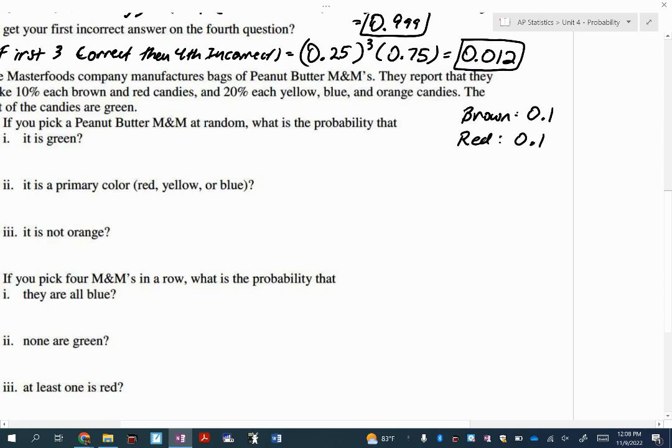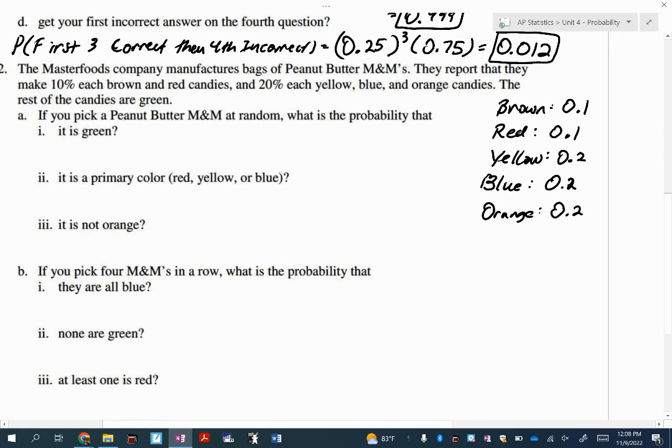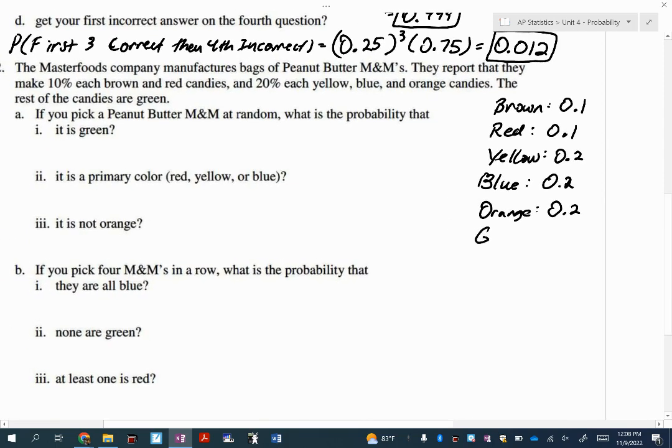Then it says yellow is 20%, so 0.2. Blue and orange as well. All right, so it says the rest of the candies are green. And that's actually the first one we're going to find.